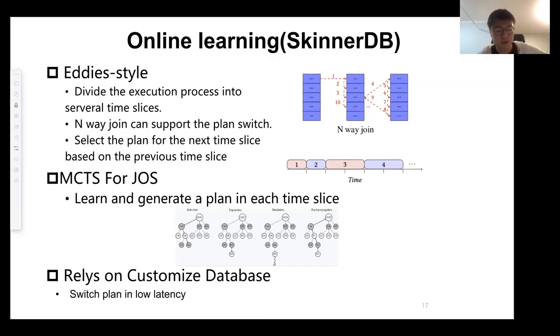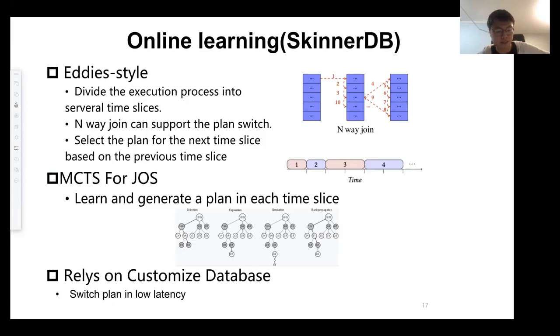The selection of the join order of the next time slice depends on the effect of each join order in the previous time slice. Through this approach, SkinnerDB can execute different join orders in different time slices and integrate the results of different join orders to obtain the final query results.